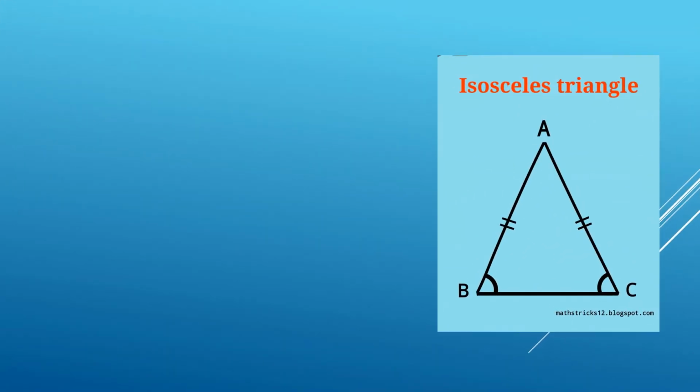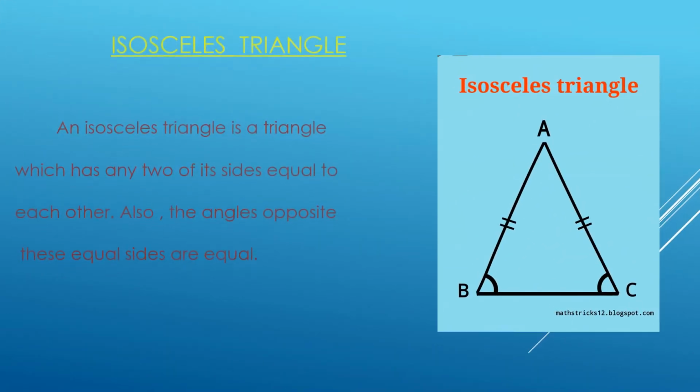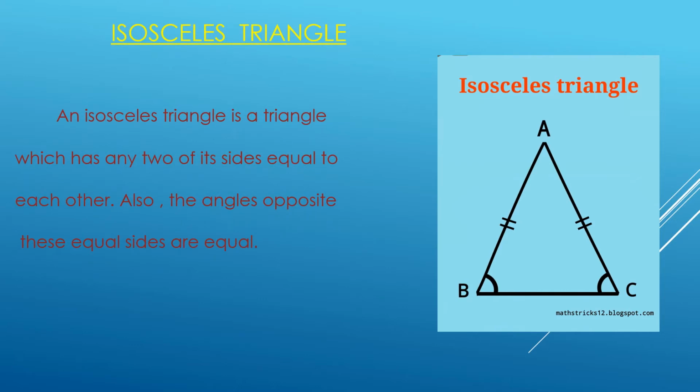Yes, children, in this module we will be learning the isosceles triangle theorem. You have already learned what an isosceles triangle is. Just recollecting: an isosceles triangle is a triangle which has any two of its sides equal to each other, and also the angles opposite these equal sides are equal.